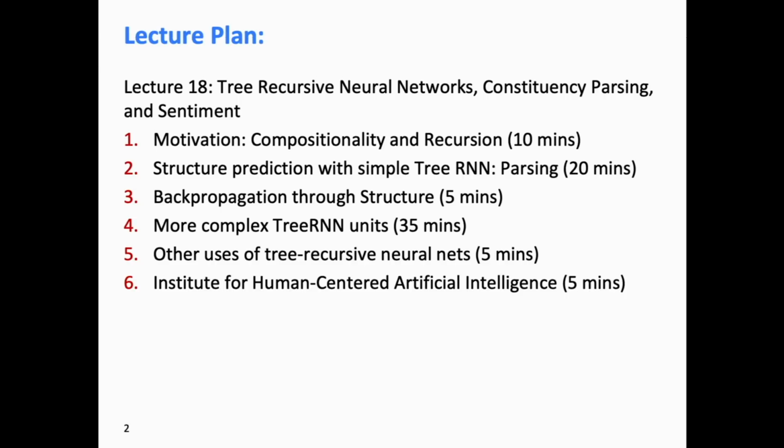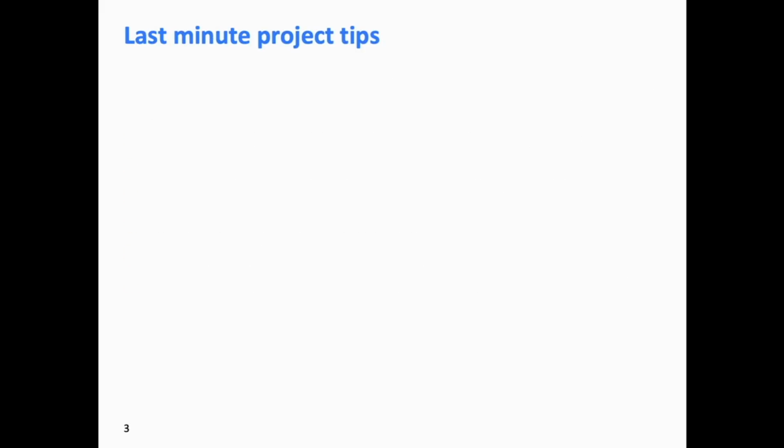And so that's why we shunted them towards the end of the curriculum. But I want to say something about the motivations and the way you can build tree structures in neural networks and look at some of the possibilities we explored during this class.